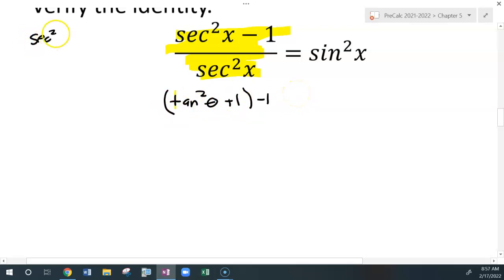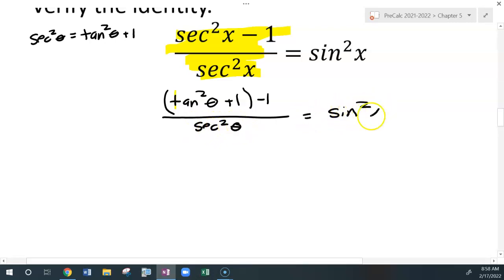So secant squared theta equals tangent squared theta plus 1. That's the identity that I'm using. My denominator, I am going to leave for now as secant squared theta. And I'm not changing my right side at all. So sine squared of x. Oh, I'm sorry, I switched variables. It's x and I went to thetas. Let me fix that for you.